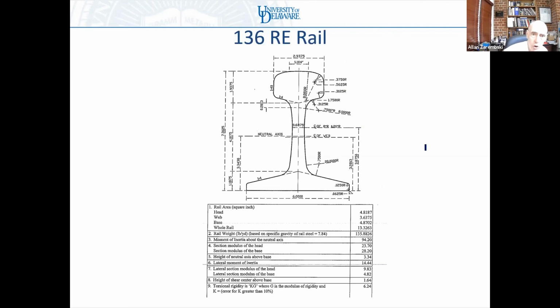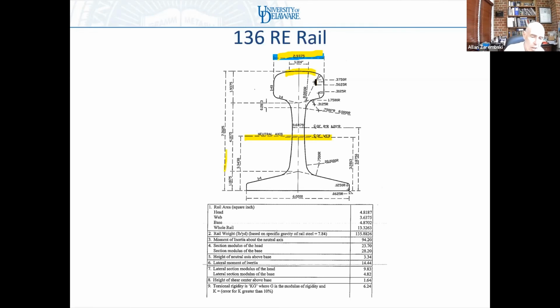Again, just like we saw for the other UIC rail section, in addition to the major properties, let's go back to yellow so we don't clog everything up. We have the width of the rail, we have the height of the rail, we have the neutral axis, we have the transition radius.